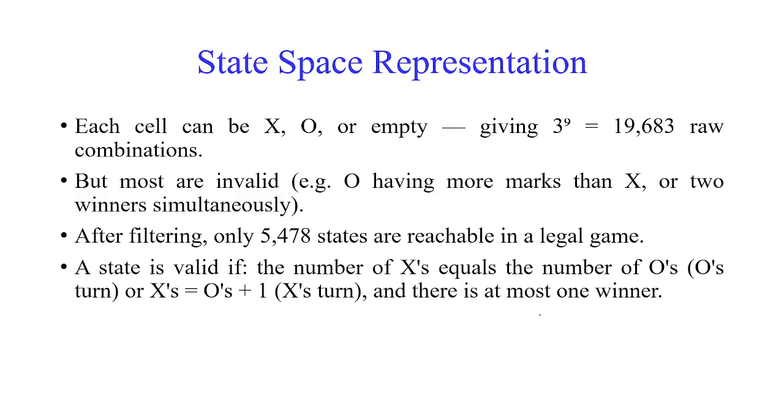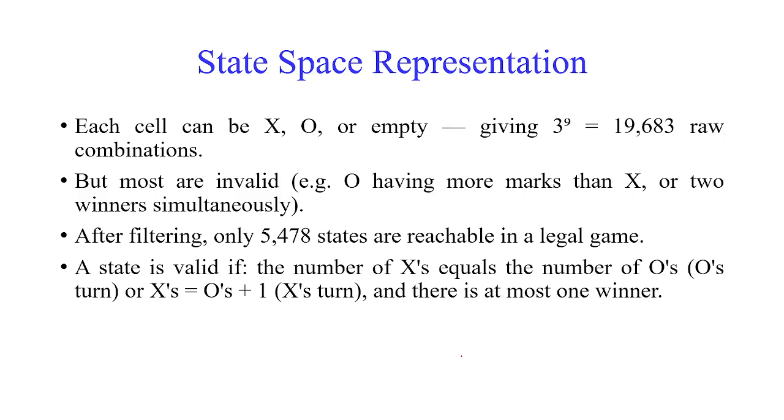So now we will talk about the state space representation. Okay, what is a state space? State space is nothing but the set of all possible configurations in that game. Now, each of the 9 cells on the board can be in one of 3 states.